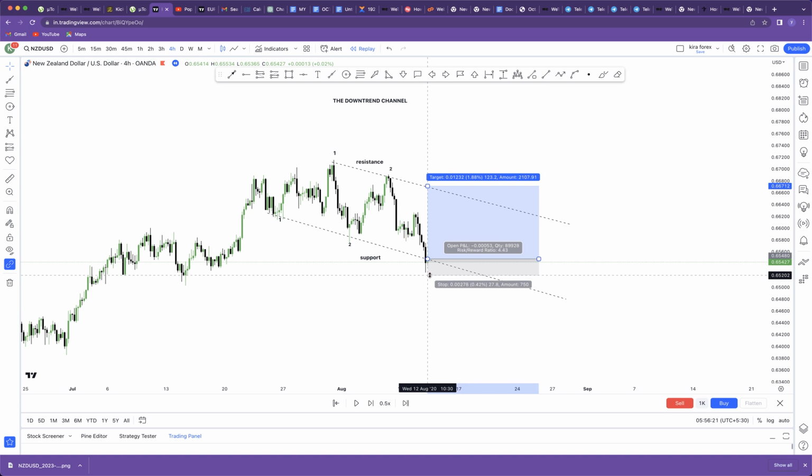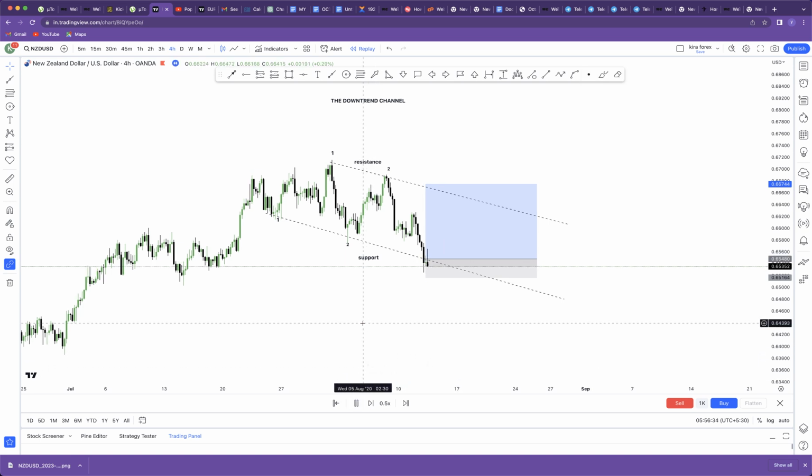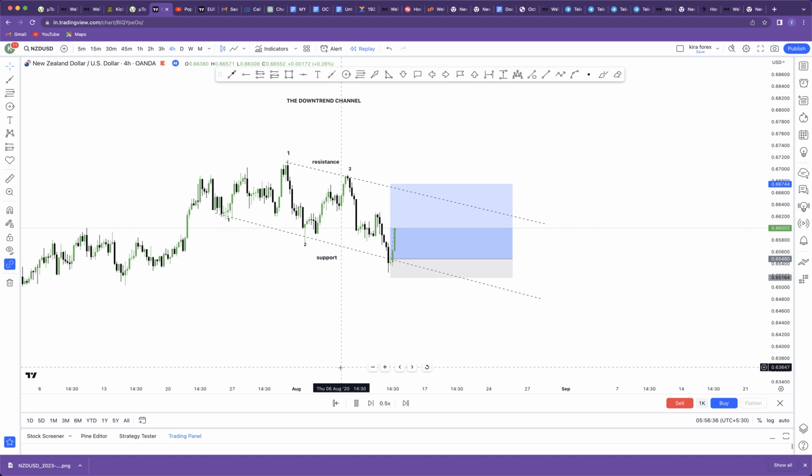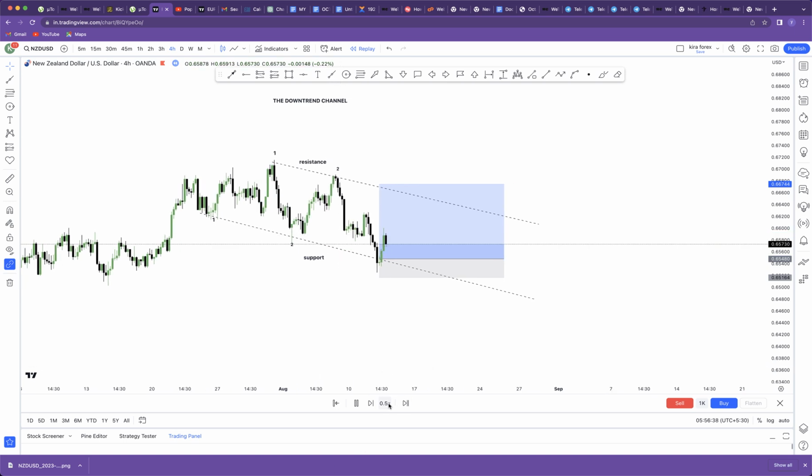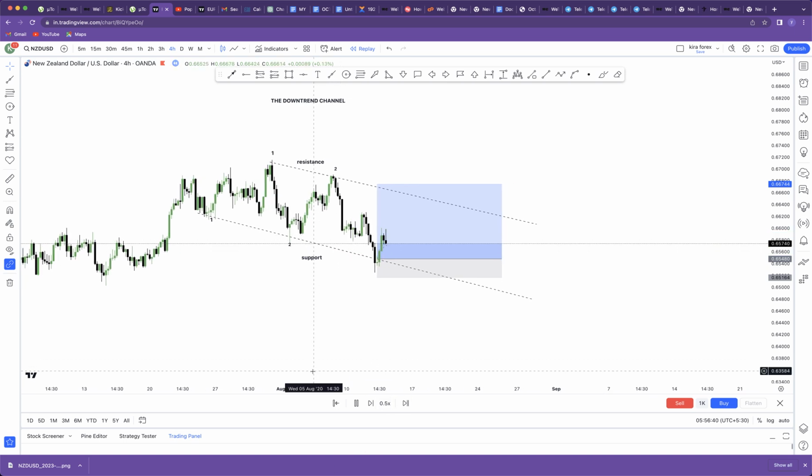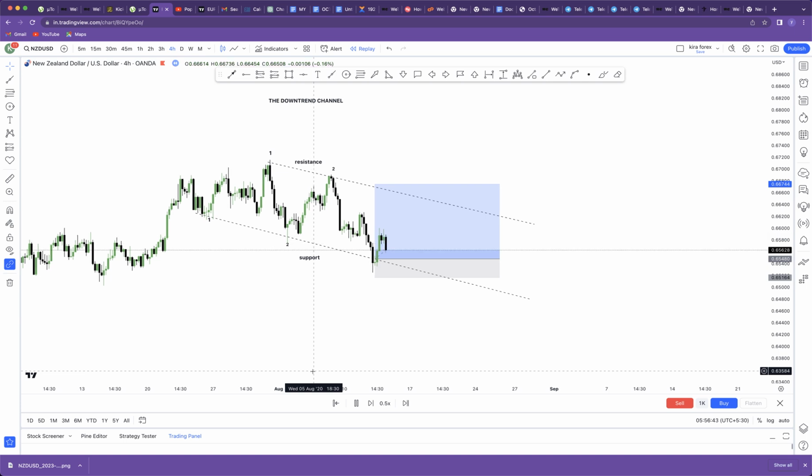So let's see the reaction of price around the support, and if price will take us to our take profit. As you can see, price is moving nicely towards our take profit.